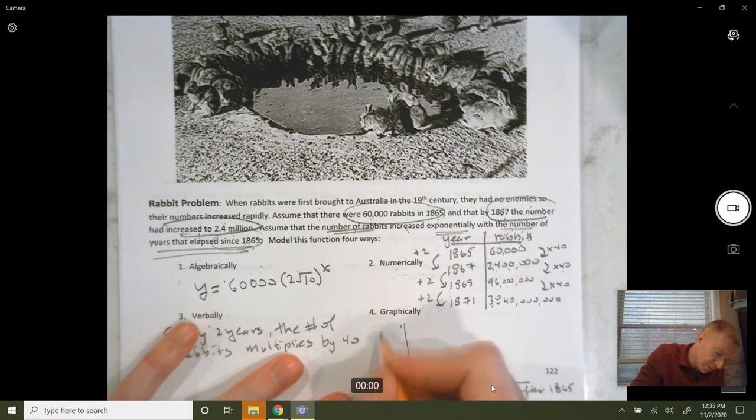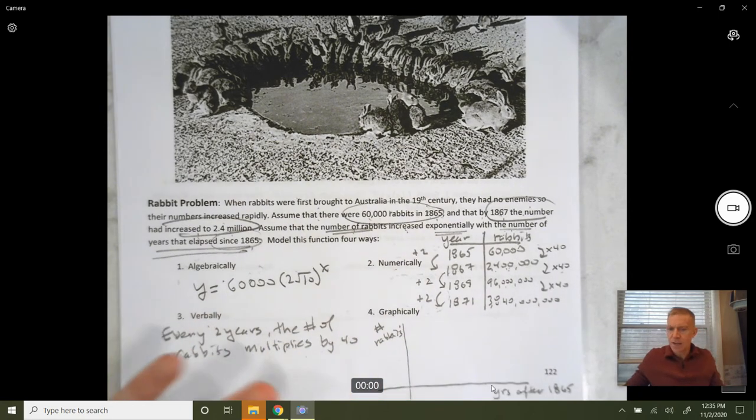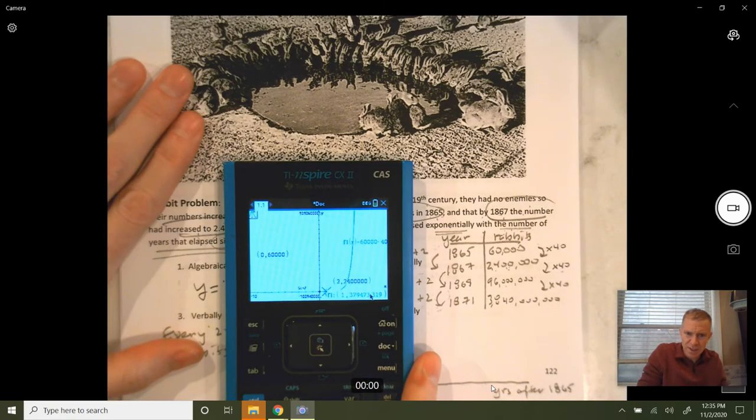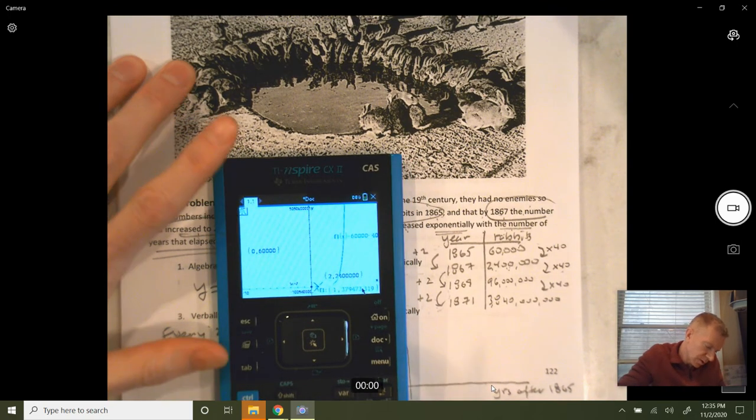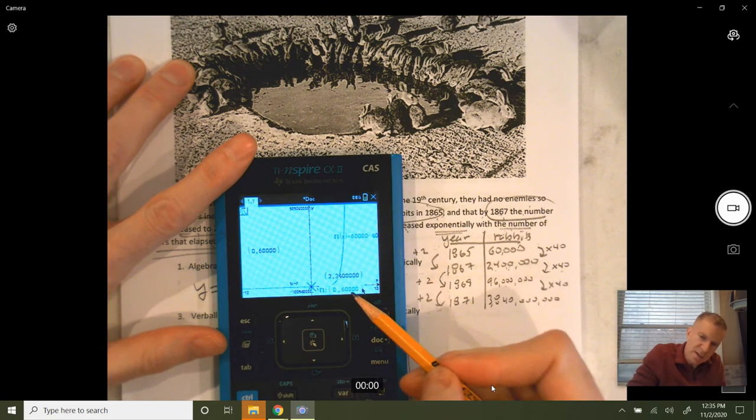And this will be number of rabbits on the y-axis. You could do this on your calculator. I actually just entered this on the calculator, and it looks kind of like this, okay? If you do a menu 5-1, at year 0, you get 60,000.